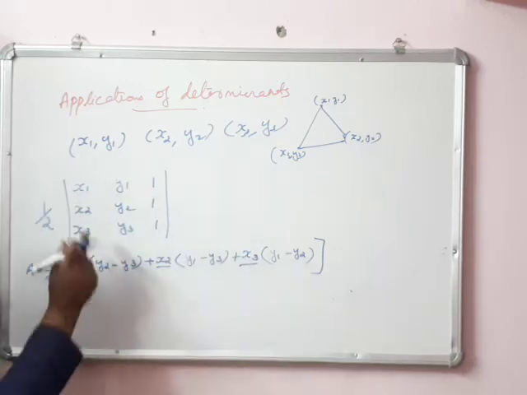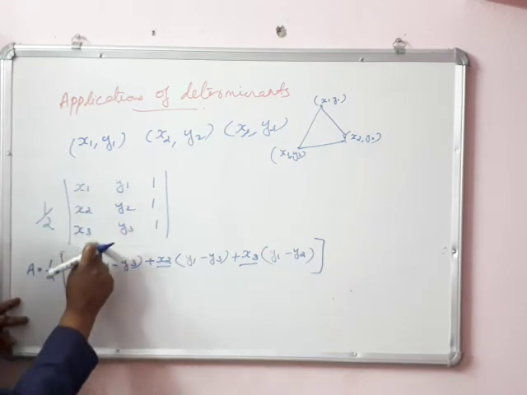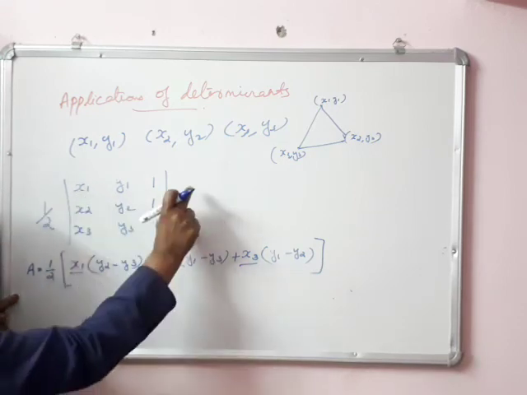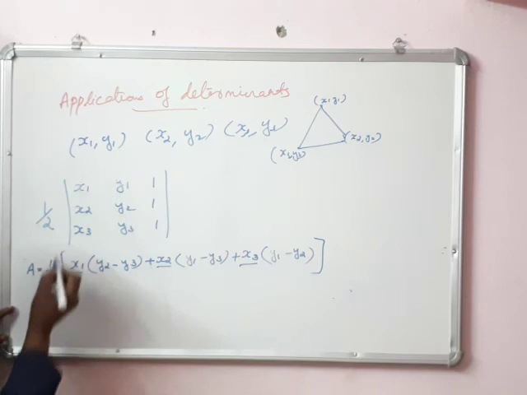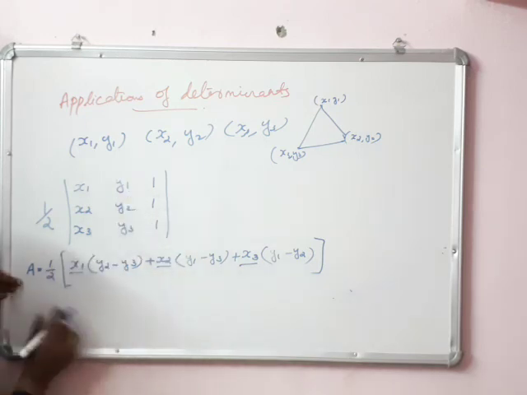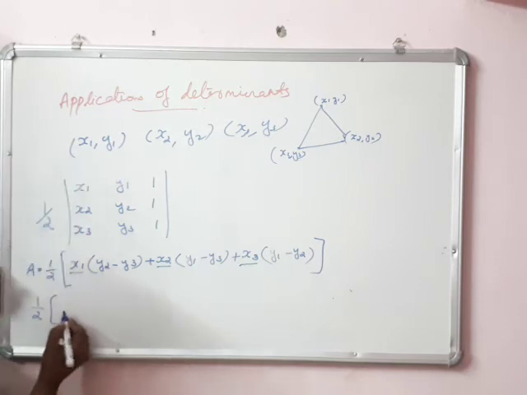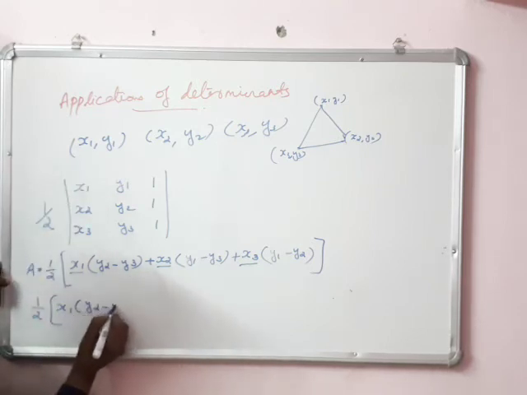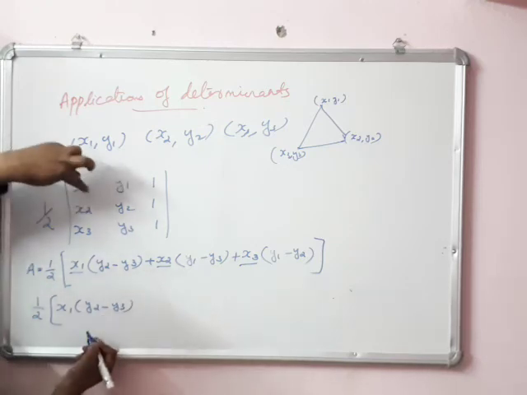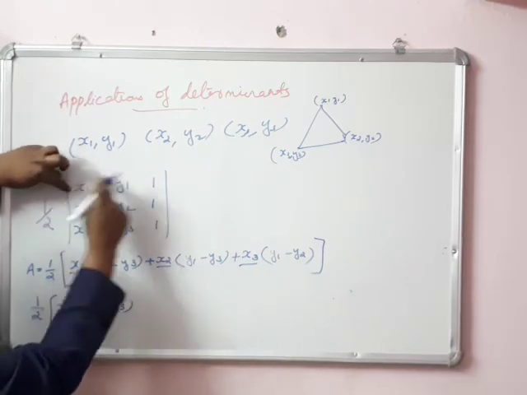Otherwise, instead of the first column, if you consider the first row, how will it come? 1 by 2 into this, there is no change: x1 into y2 minus y3. Here there is no change.